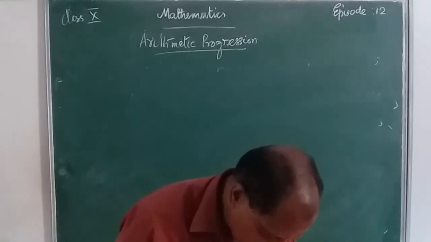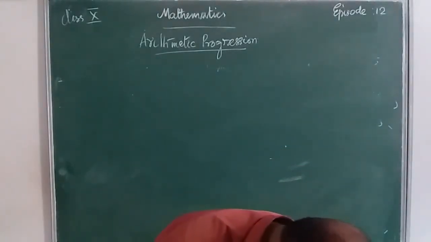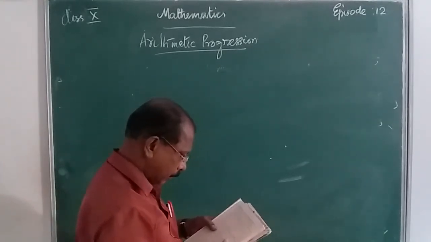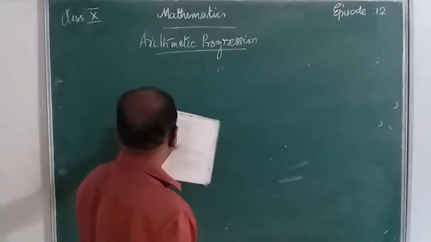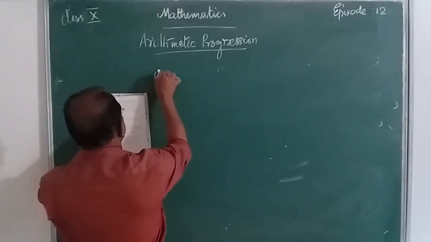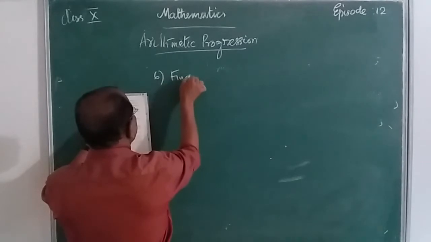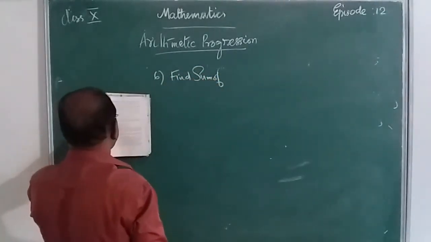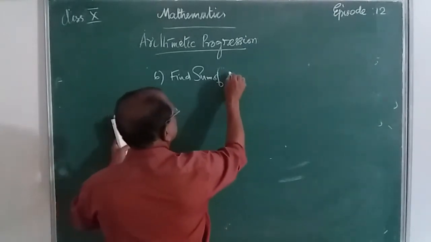Then find the sum of question number 6, of first 22 terms.